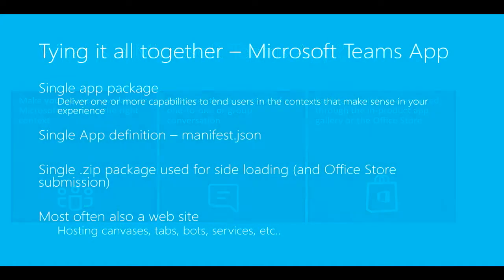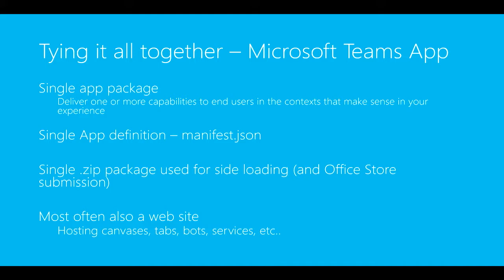So to get down to every detail directly, a Microsoft Teams app is very simple in its construct. It's a single app package, essentially a zip file that you upload either to the Office Store, that someone automatically downloads if they choose to install the app, or something you sideload, just like you sideload an application on your phone. So it's a simple package, and this package is zipped and contains a manifest file.